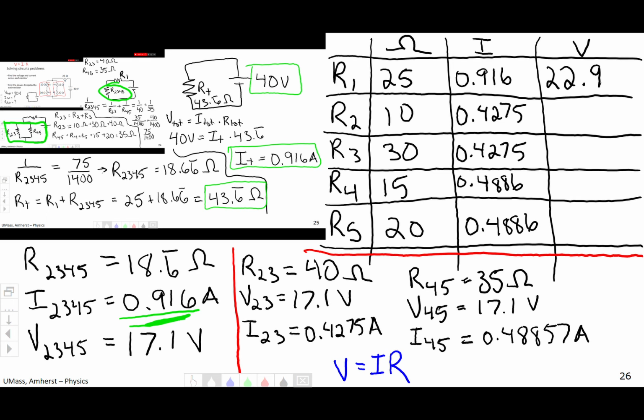So now we're going to use a final formula. Voltage is current times resistance, and we can find the potential drop across each of these.